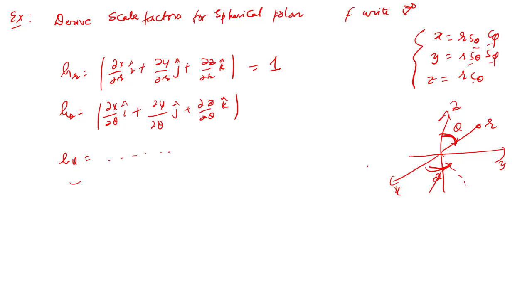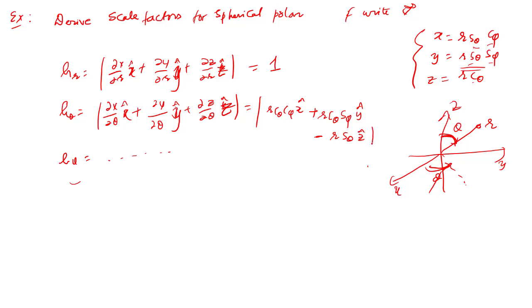Let's see how h theta would be. h theta is essentially ∂x/∂theta, so I have r cosine theta cosine phi along x, plus ∂y/∂theta for y is again r cosine theta sine phi along y, and then ∂z/∂theta would be minus r sine theta along z.